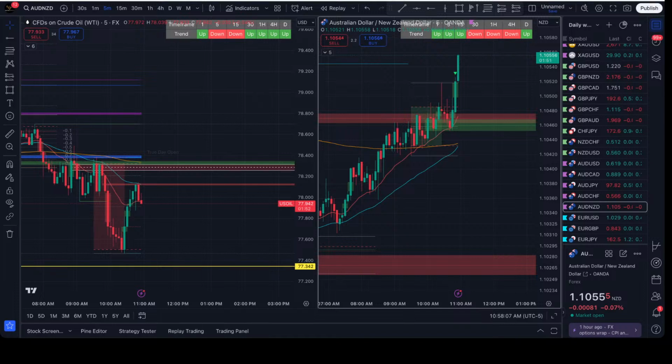Since Aussie New Zealand already did an early retracement, I expect it to, let's see how it does in this fair value gap here. It's now our fair value gap of interest.